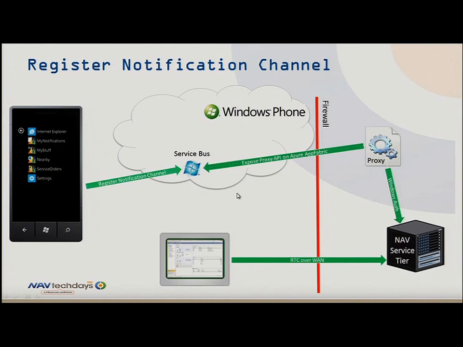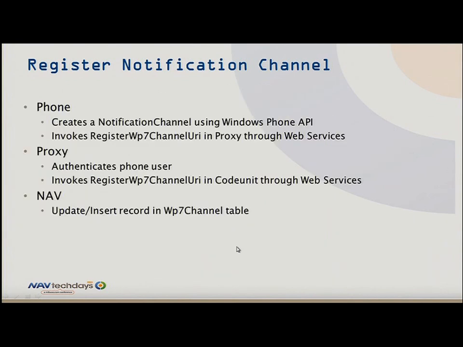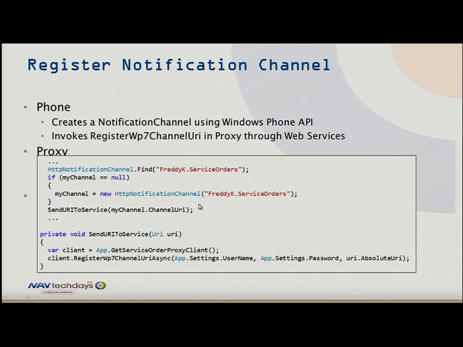So what happens is that whenever the user creates, the code here, I almost forgot that. The code for getting the notification channel, you give it an application name so that the Windows Phone is capable of finding your application again.